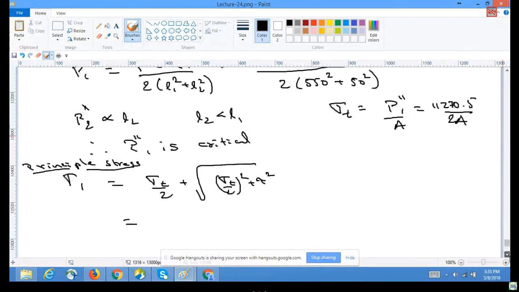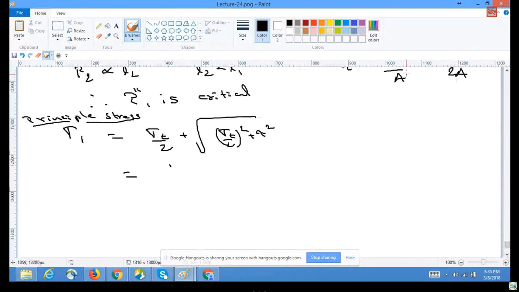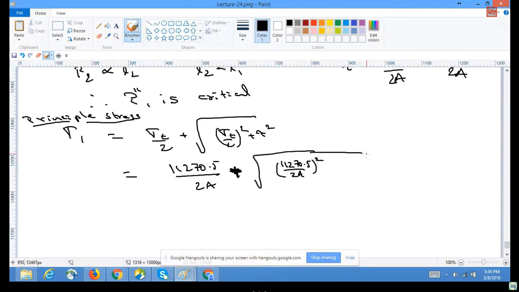So it is 1127.5 by 2A plus, only the plus is the major one, the square root of (1127.5 by 2A) whole square plus (6250 by A) whole square, which will give us 6405.6 by A Newton per mm square.